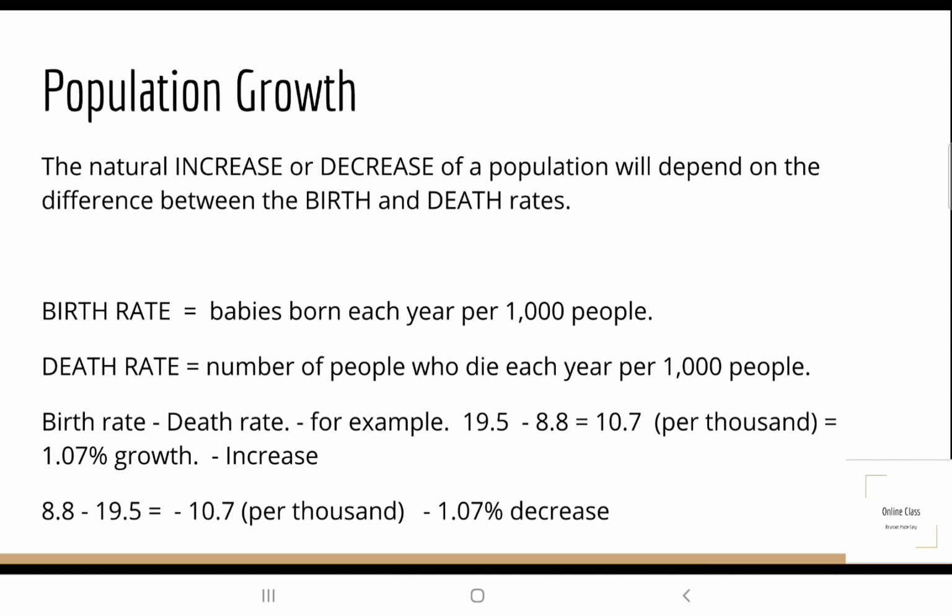If we swap those numbers around, so our birth rate became 8.8 and our death rate became 19.5, then we would look at 8.8 minus 19.5, which is a negative 10.7 per 1,000. In percentage, that would be minus 1.07%. So that would be a decrease of our population.